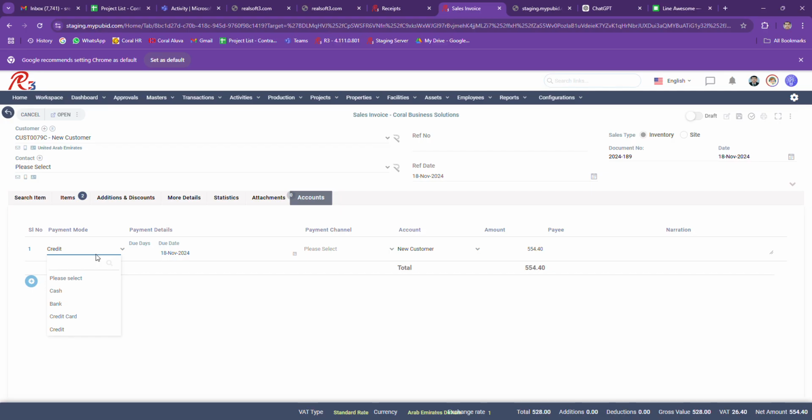Understood, no? Here also you can directly receive it, but what will happen in this one? This customer is not going to be mentioned anywhere in the ledger. It is not going to come in any of the ledgers. So you cannot keep track through accounts that this customer had purchased something from our system. Understood, no? So normally the companies will keep it, if it is a customer, as a credit, because they want to see this customer and they will put a receipt entry.